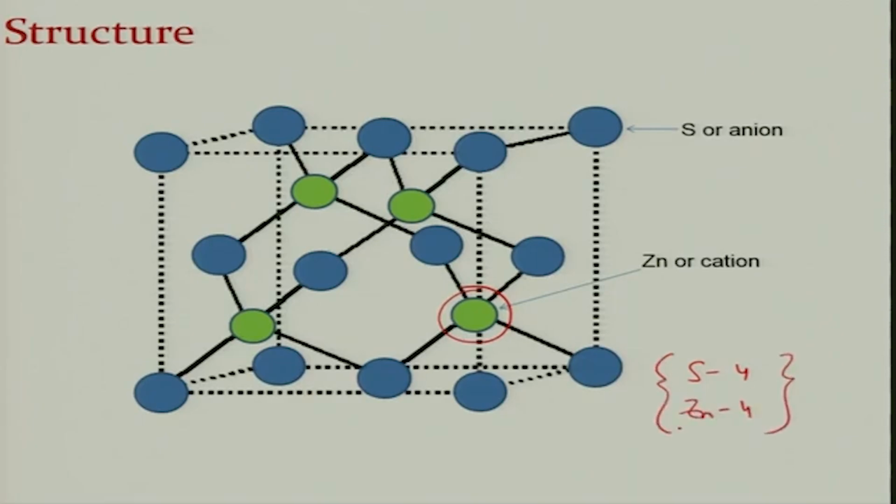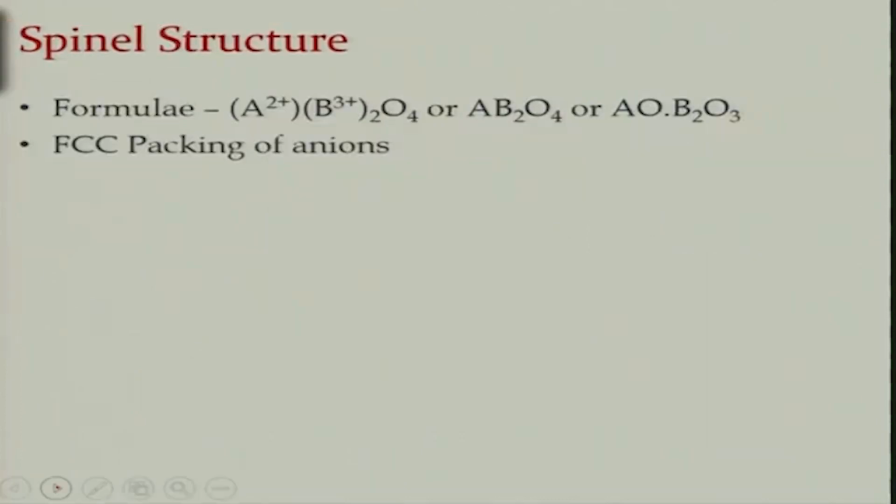And next we move on to what we call the spinel structure. Spinel structured materials are basically AB2O4 kind of materials. So here generally you have this kind of formula, AB2O4, and this is represented as A is 2+, B is 3+, and the remaining 4 are oxygen atoms.